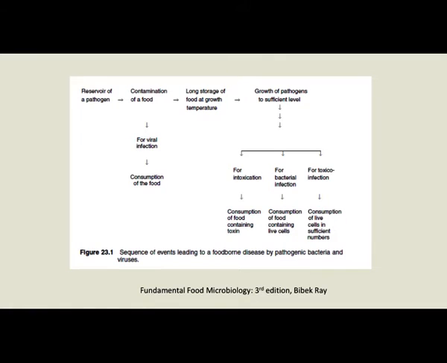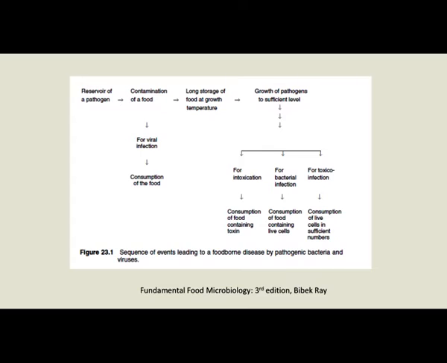Now, how do we classify? So you need the pathogen to be present. The pathogen has to contaminate the food concerned. Then, how is the food preserved? The preservation, the temperature, storage, everything has to be conducive for the pathogen to grow. So once the pathogen has grown to a sufficient level, it can either cause intoxication, it can cause a bacterial infection, or it can go for toxico-infection.